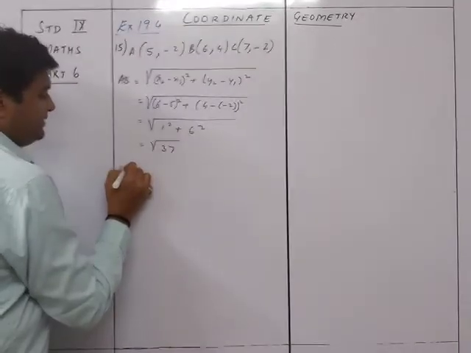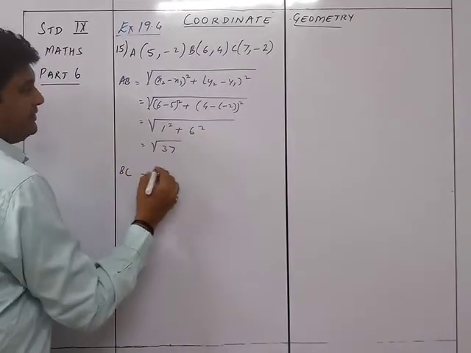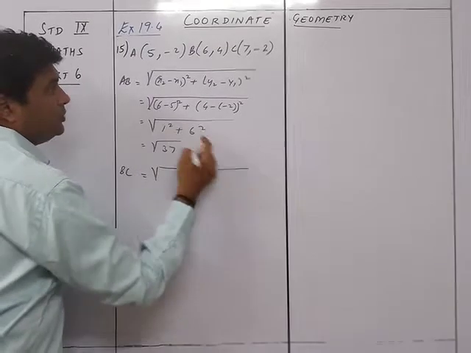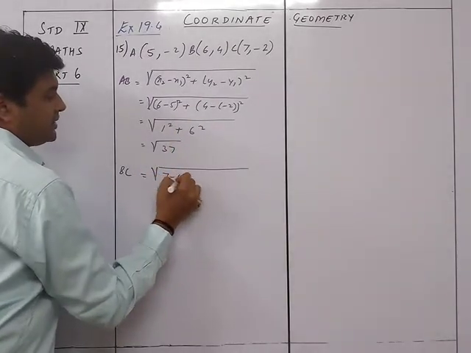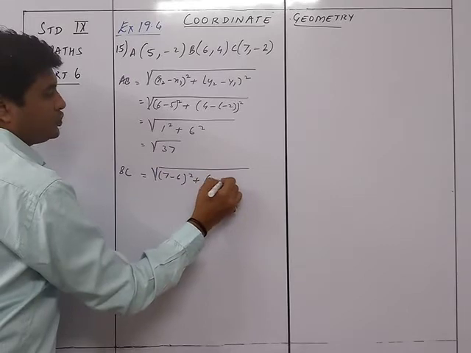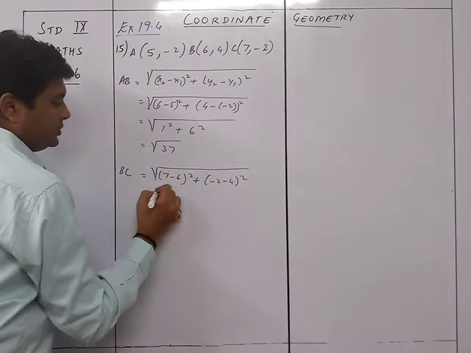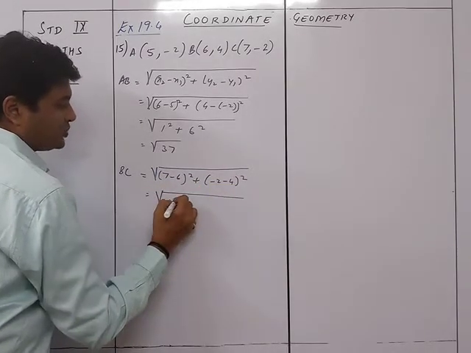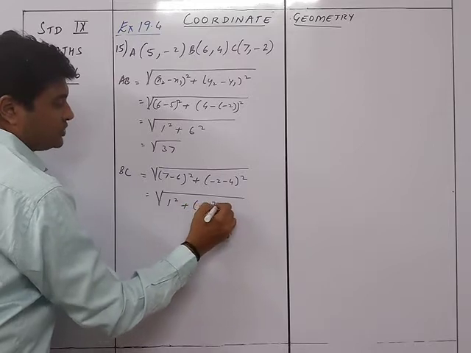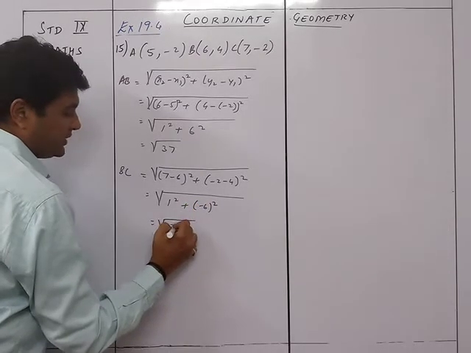We find out BC now. BC is equal to 7 minus 6 the whole square plus minus 2 minus 4 the whole square. So that's square root of 1 square plus minus 6 the whole square, that is square root of 37.